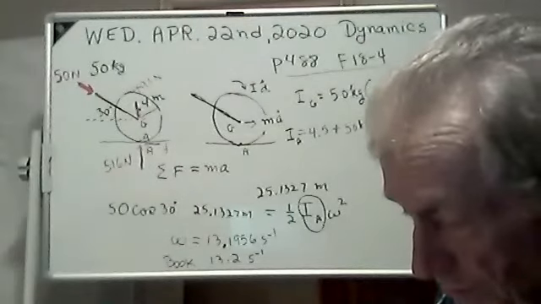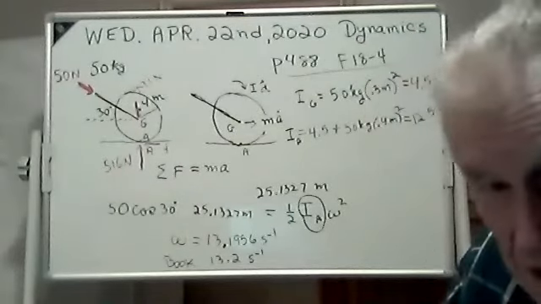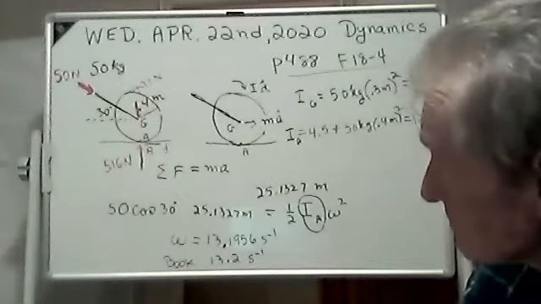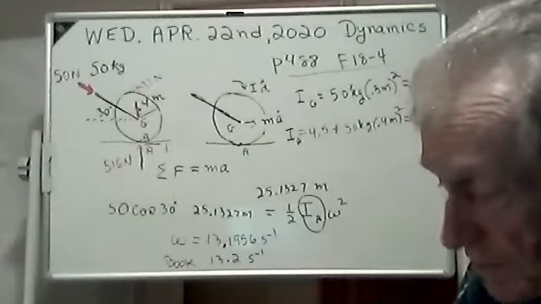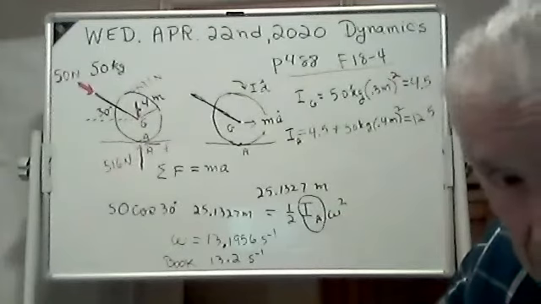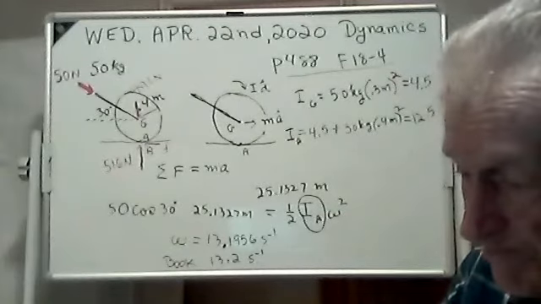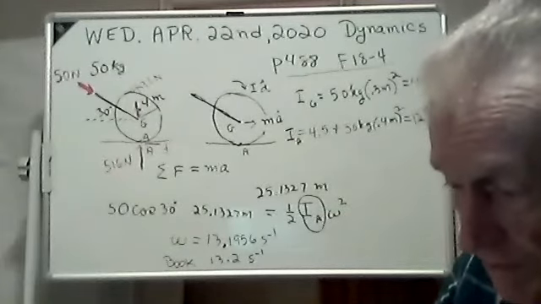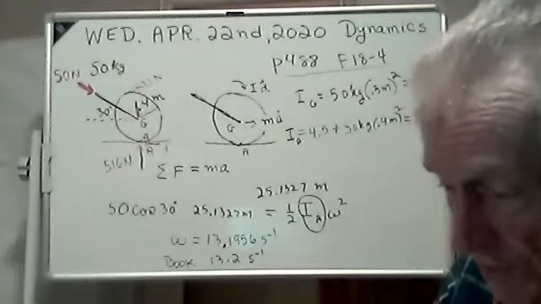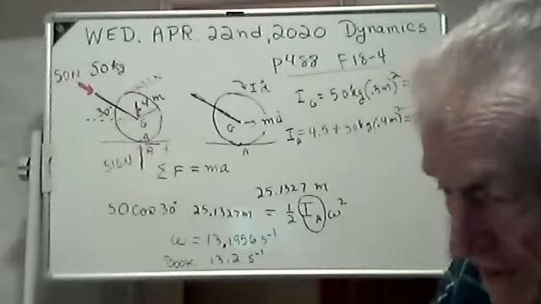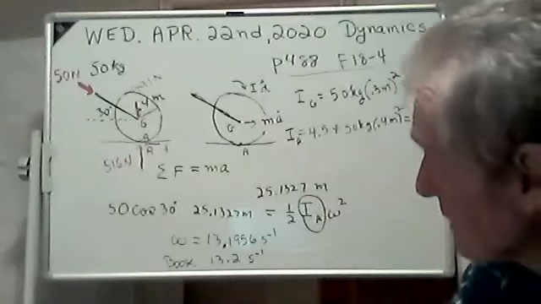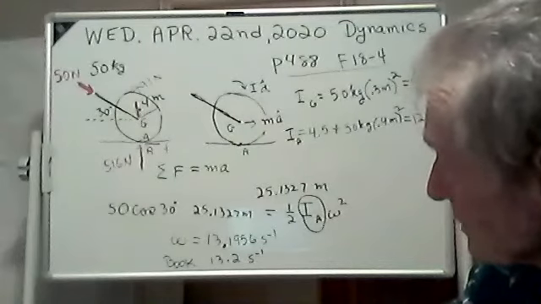It's a form of Newton's second law. It's for translation. It's the one that you learned at your mother's knee years ago when you were a toddler. Newton's second law, there it is.